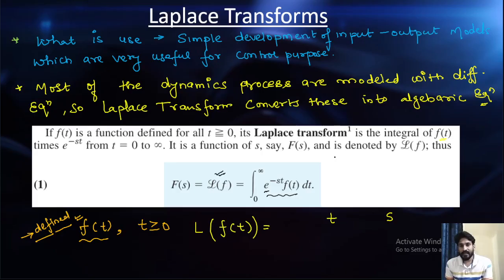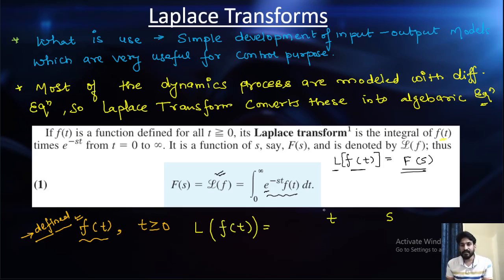The notation is Laplace of f of t, and that will give us F of s. F of s is the value of the function after the Laplace transform of f of t.